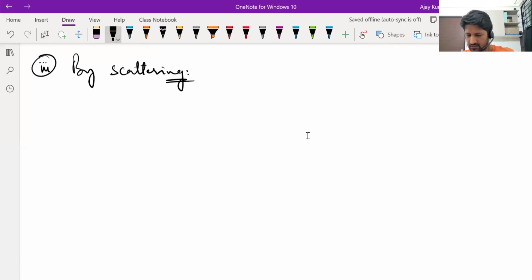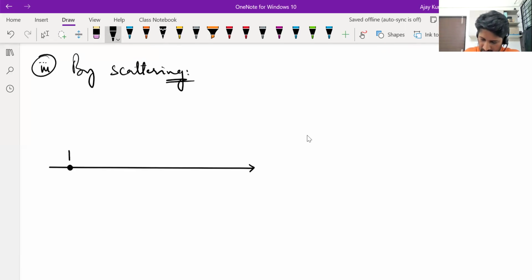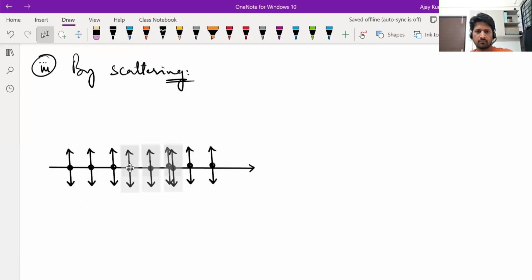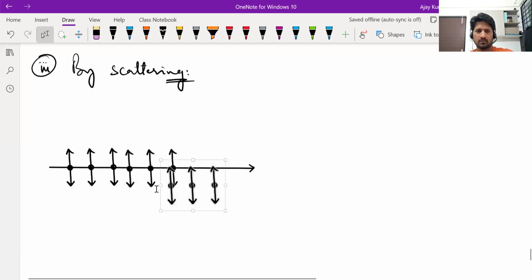So suppose sunlight is incident this way. Light is traveling this way. So there will be dots and arrows, and so on.